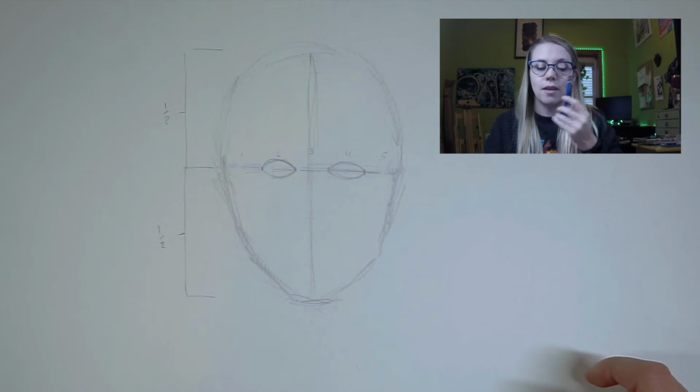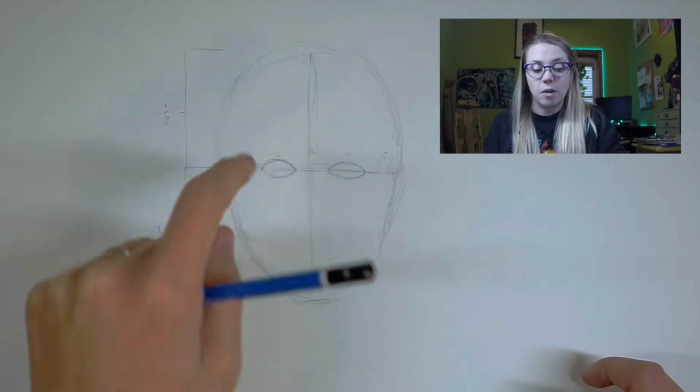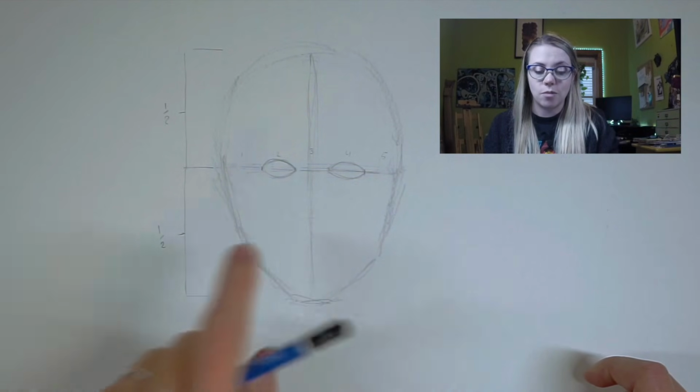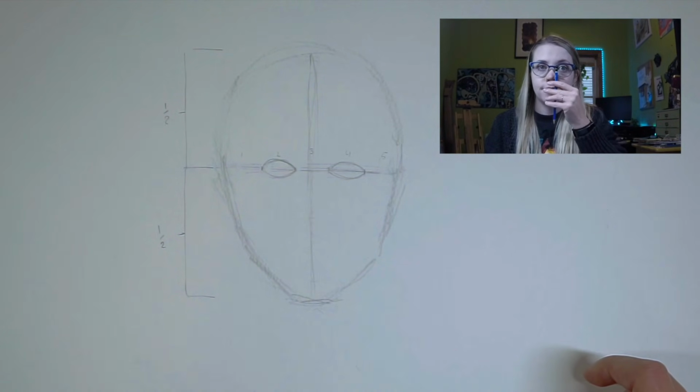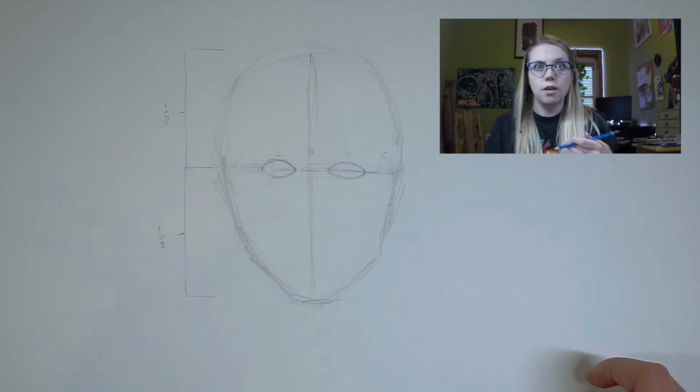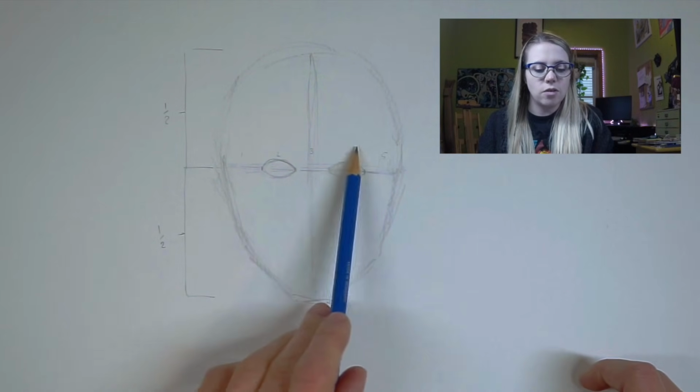Okay. So if I were to compare it to maybe my eye line, like the middle of my eyes, it falls just under my lip. So we're looking at those different proportions and kind of figuring out which one's going to help us the most when we are measuring things out.